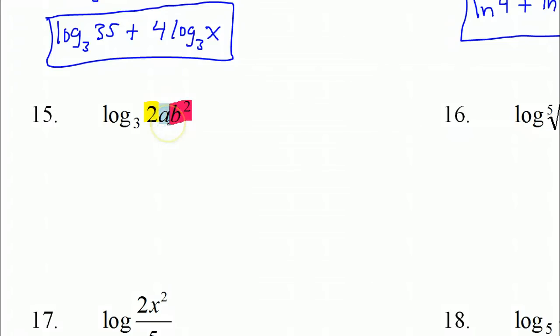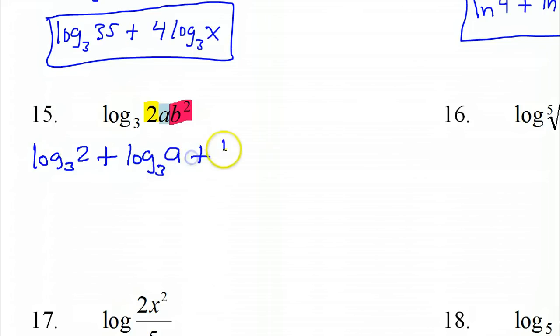So we will have log base 3 of 2 plus log base 3 of a plus log base 3 of b squared. That is your first step. 1, 2, 3 things. Split them all up. But this one does have an exponent, so it needs to go in the front.